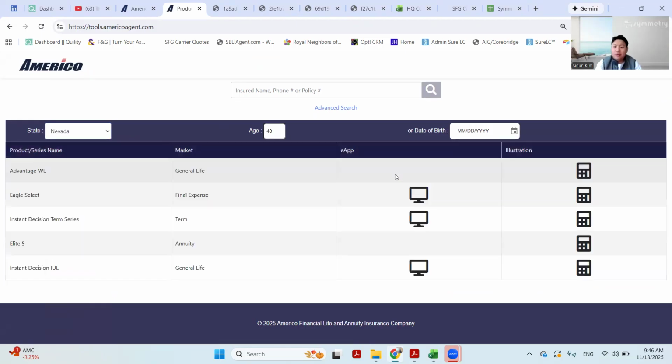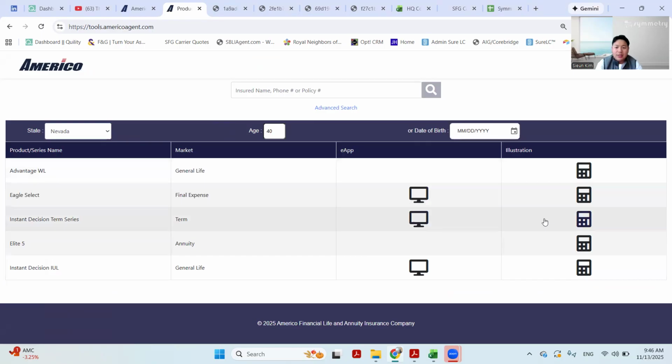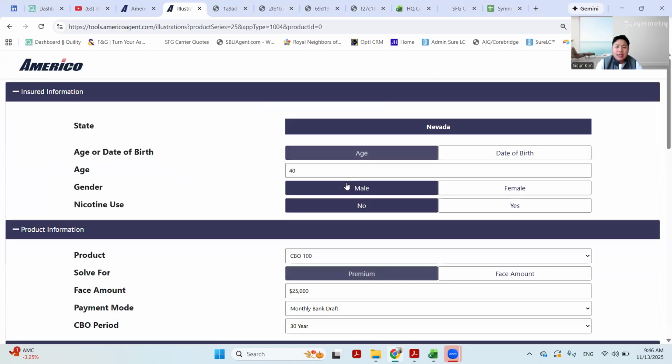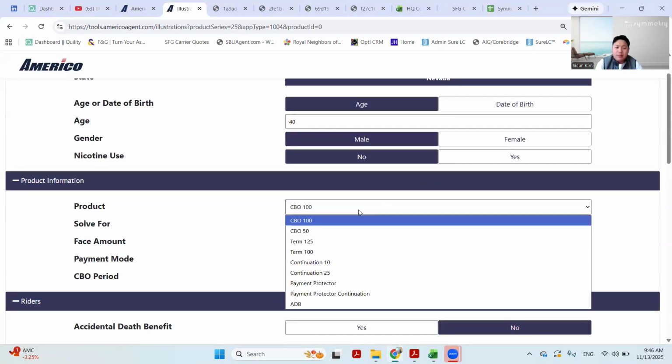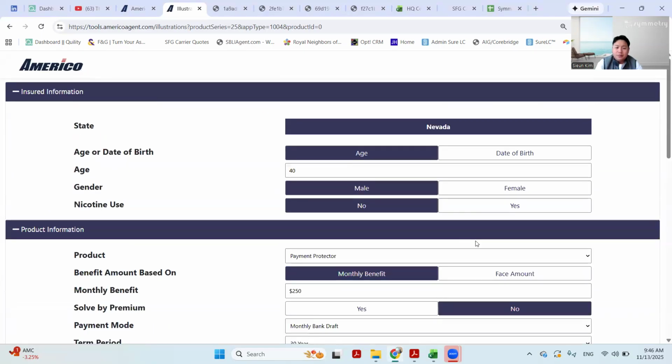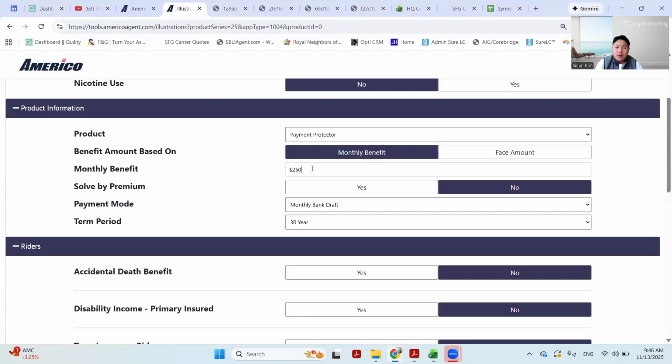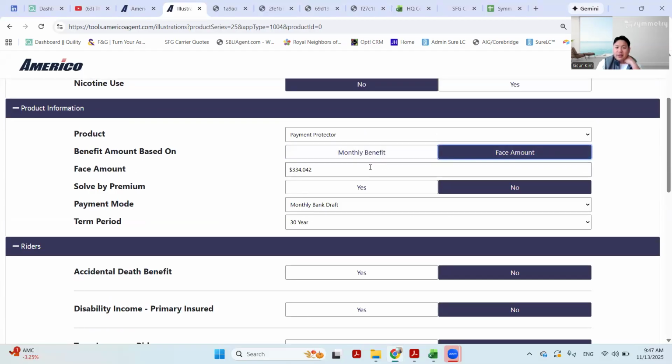So let me just show you this real quick. Let's go back to the instant decision term series and let's go to payment protector here. So let's just say it was 1,500 monthly, instead of the face amount 300.